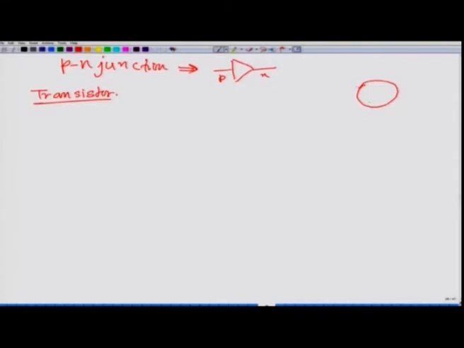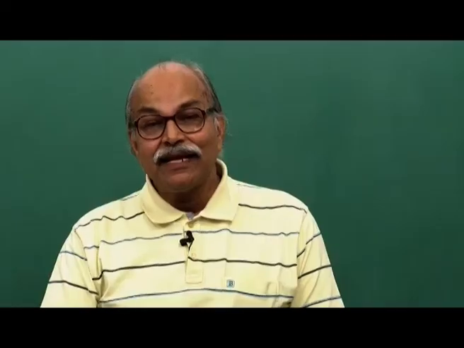Then you draw a straight line which represents base, and then you draw two slant lines, one going like this and one going like this. One is representing emitter, other is representing collector.